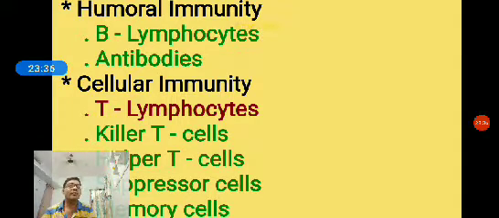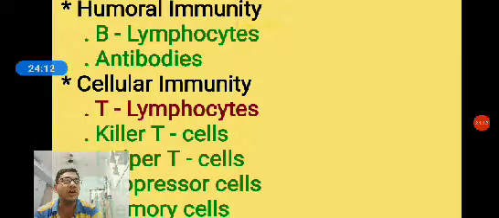When the antigen enters into the body, the B lymphocyte cells are stimulated to produce the antibodies. When the antigens enter into the body, the B lymphocytes are activated or stimulated.